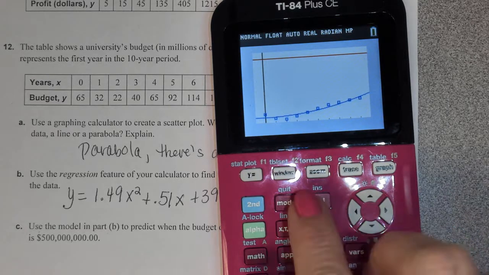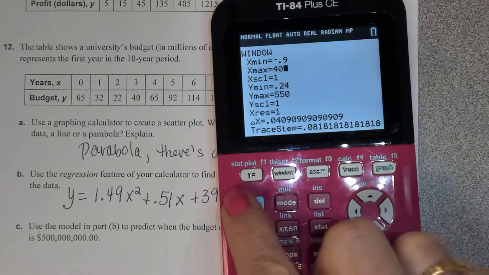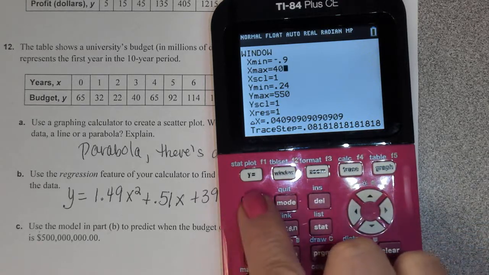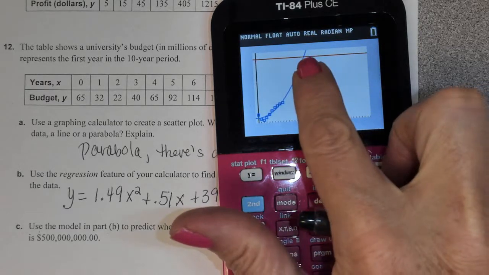It's going to happen way in the future, isn't it? So I'm going to have to extend my window, my x's. I might even want to go out to 40. I don't know. It seems like it's pretty far down. Oops, I didn't mean to push second. Hold on. Graph. Okay, perfect. So now I can see that.